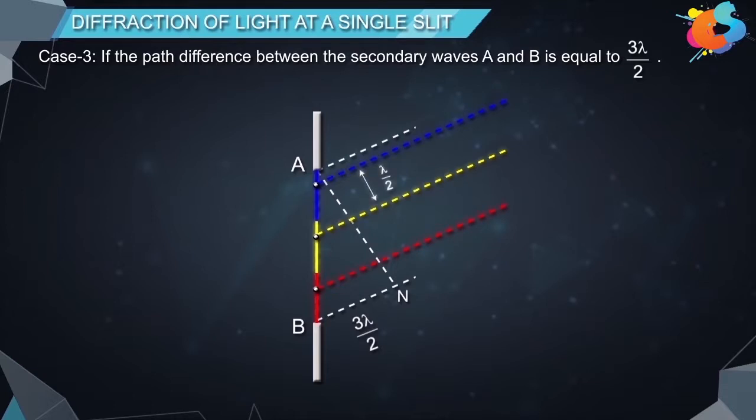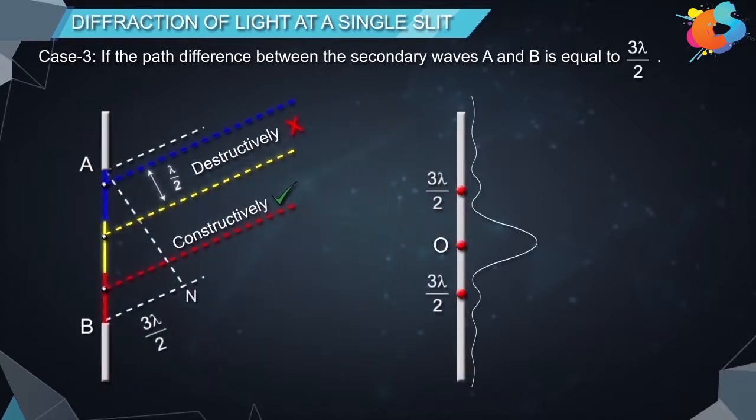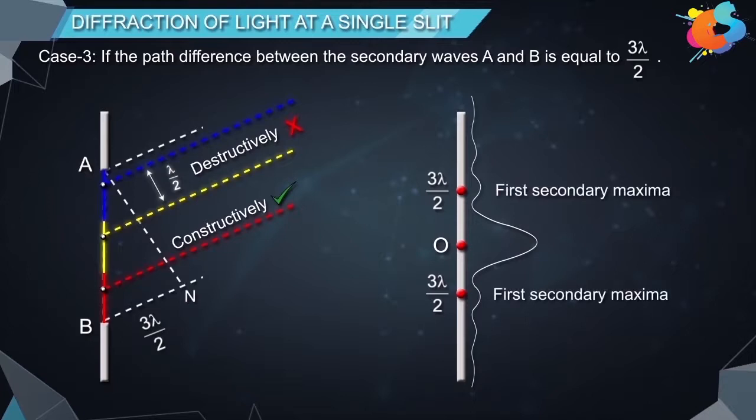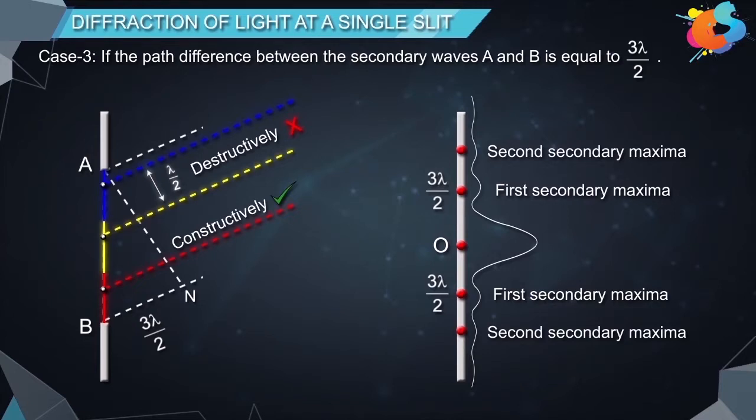Therefore, they will interfere destructively. However, the wavelets from the third unused part will interfere constructively at point P to produce a weak first secondary maxima. Similarly, second secondary maxima will be formed on the screen where the path difference is equal to 5 lambda by 2.